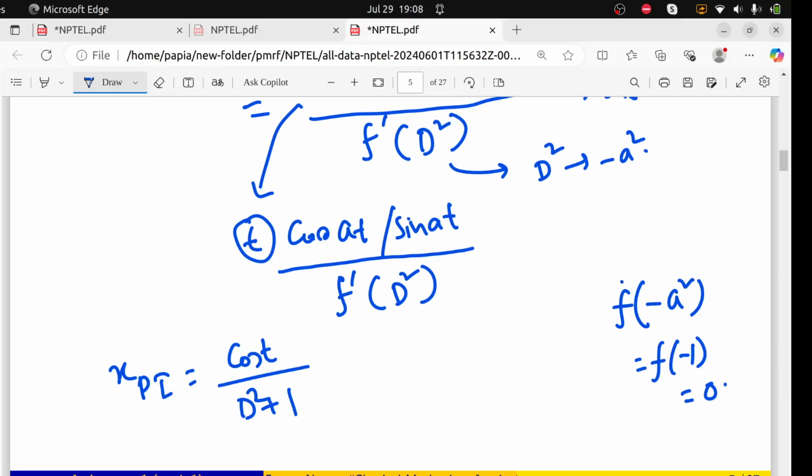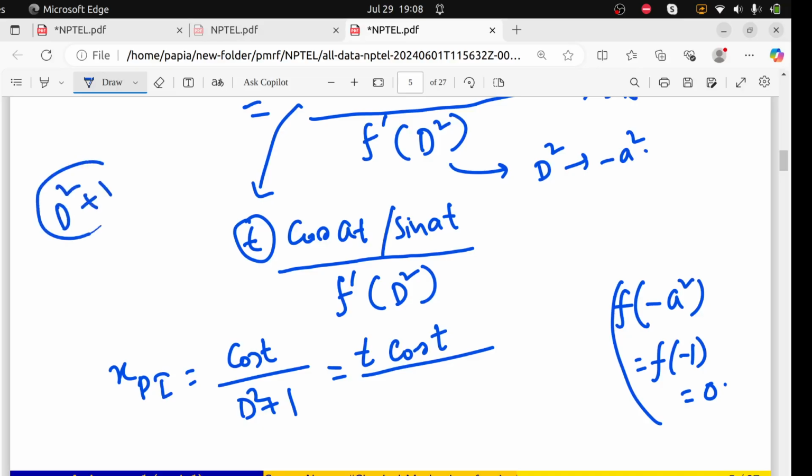So for this condition, I need to take this equation. So what did this equation tell me? t will be there. Then for me it is cos t divided by f prime, which means the derivative of D square plus 1. If I take a derivative of D square plus 1, then what will it be? It will be simply 2D.